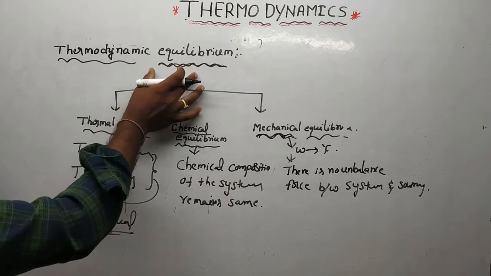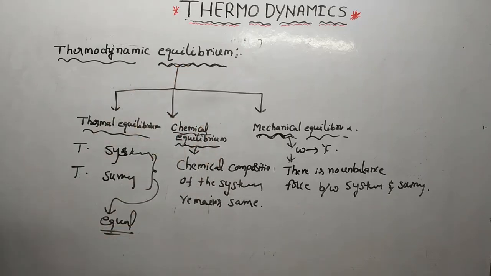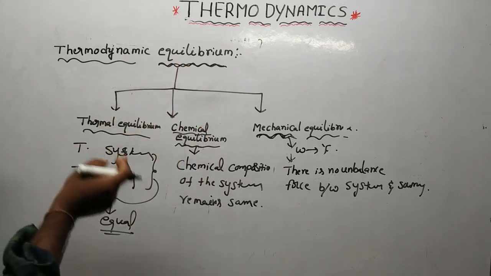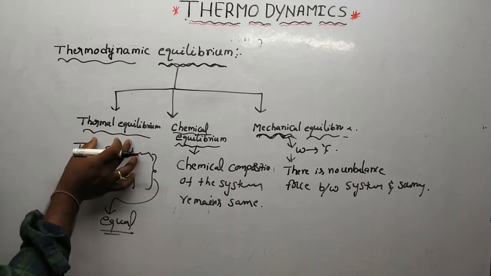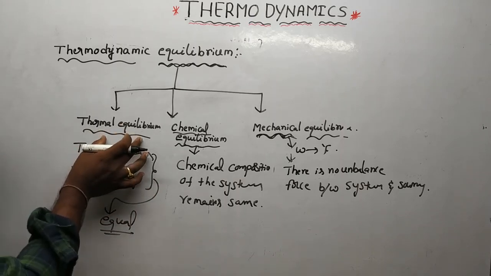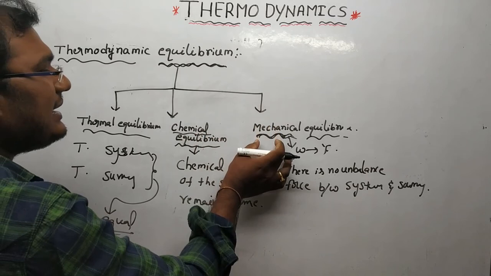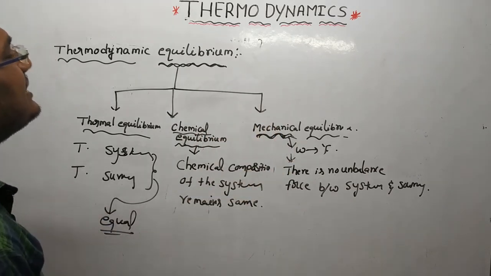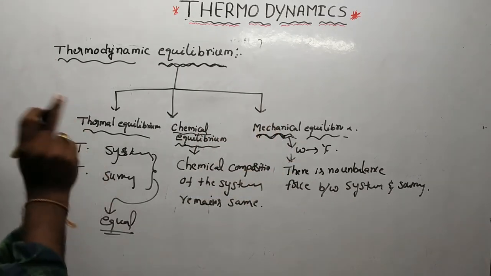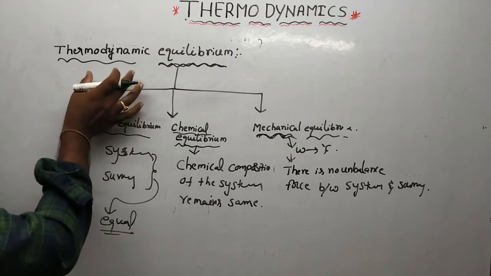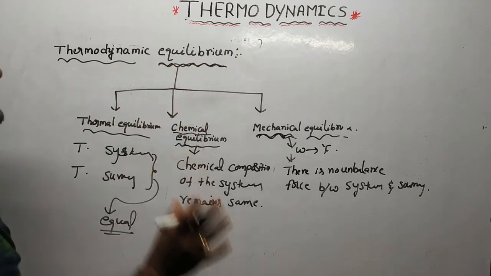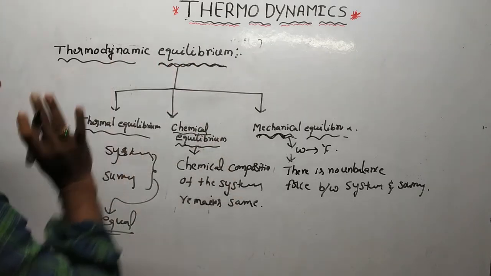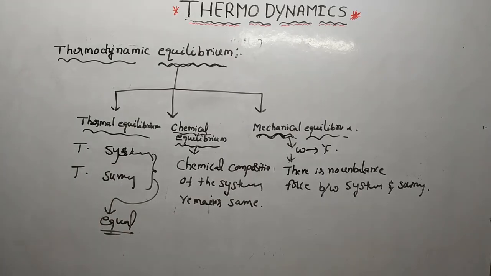Thermodynamic equilibrium is nothing but a system obeying 3 types of equilibria, nothing but thermal, chemical and mechanical simultaneously, then we can say that the system is in thermodynamic equilibrium. This is about thermodynamic equilibrium.